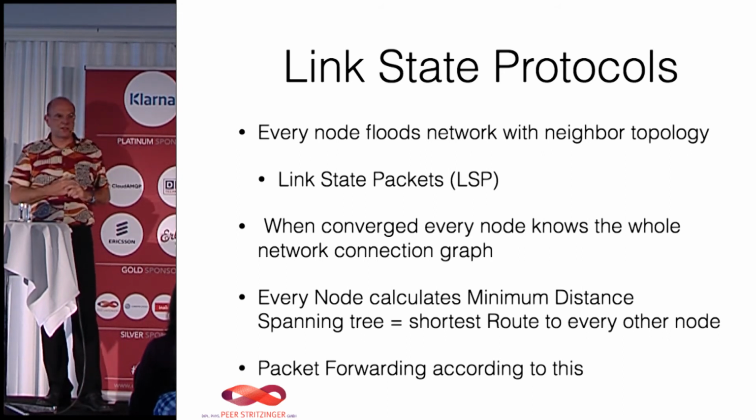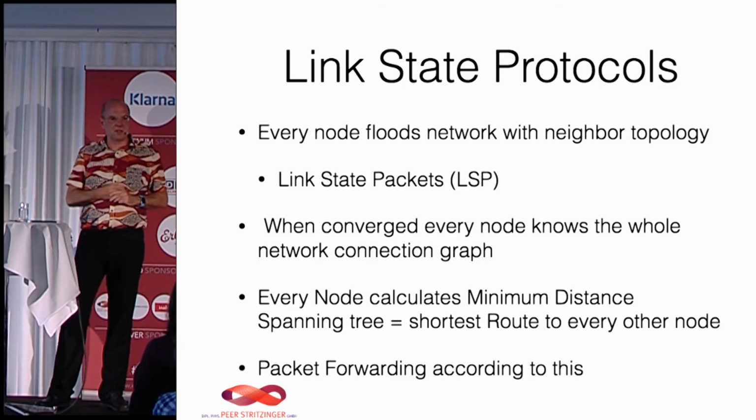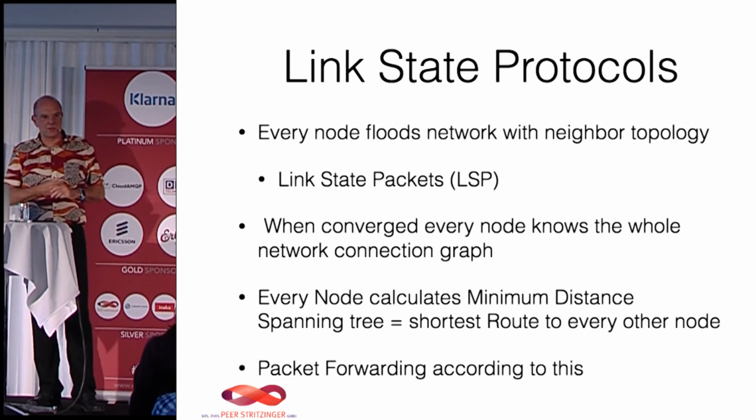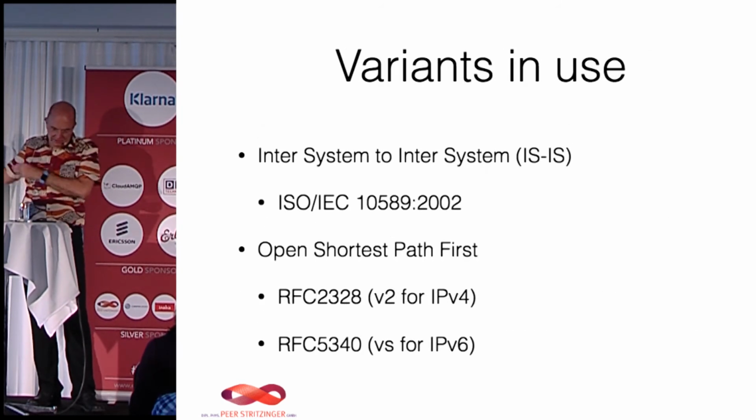That's one of the major advantages of the link state protocols. There have been other protocols in the past which had the main disadvantage that they don't converge fast. So pretty soon you have new routes. There are a few variants that are used.